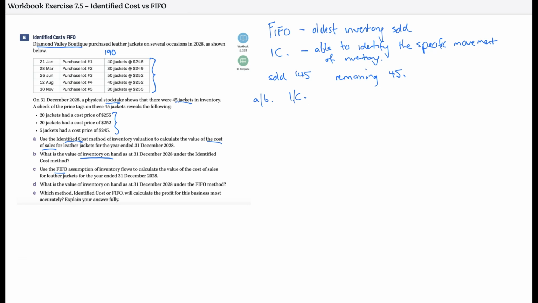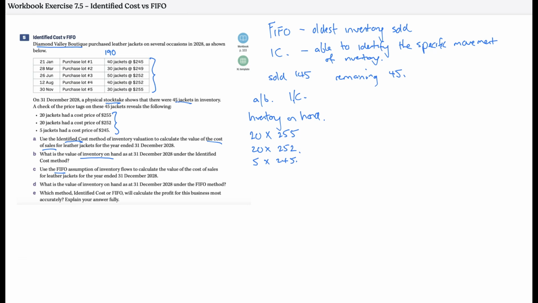Now here we know that what we had left is the accurate amount. If we do B first, we're going to do the inventory on hand. We know what is left: 20 of the $255 jackets, 20 of the $252 jackets, and 5 of the $245 jackets.